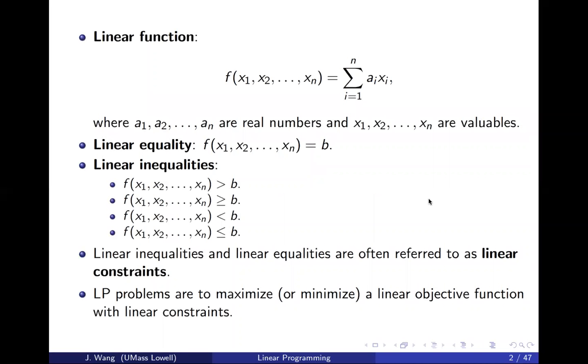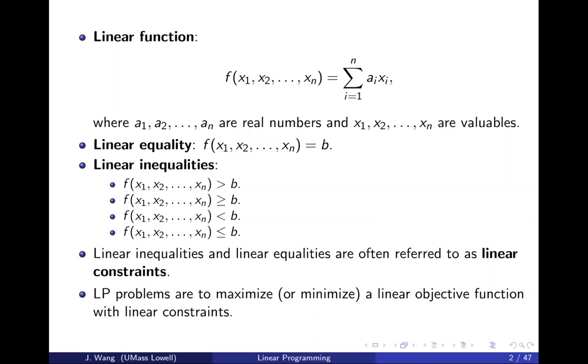So first, let's look at what a linear function is. So we have n variables, x1, x2, up to xn. And a linear function is in the form of ai xi. So it is the form of a summation of ai xi for i from 1 to n.